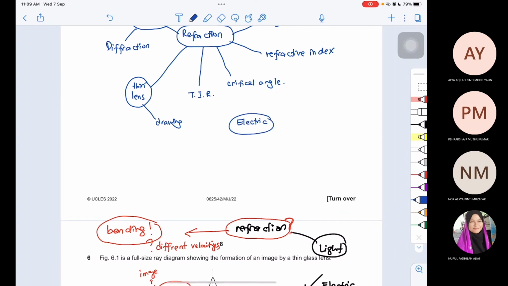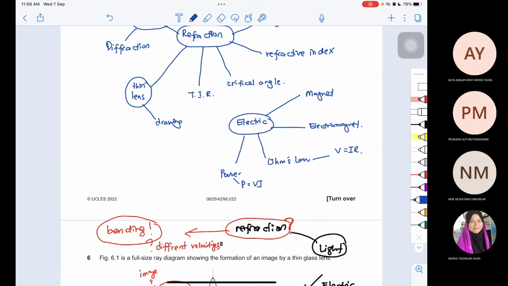Electric tadi kita tengok tentang magnet, simple magnet. And then kita tengok tentang electromagnet. And then biasalah tadi kita tahu tentang Ohm's law. Ohm's law V equals to IR. And then ada power VI. And then kita ada tentang circuit.